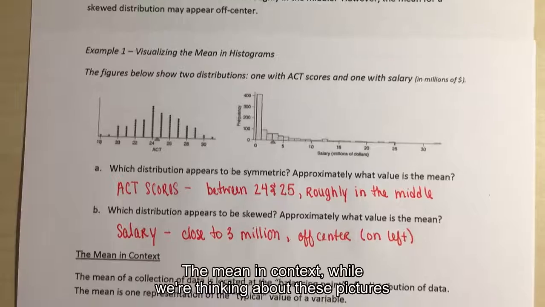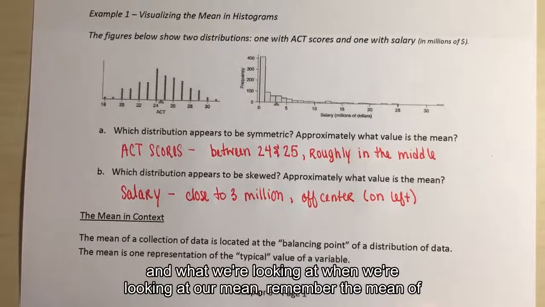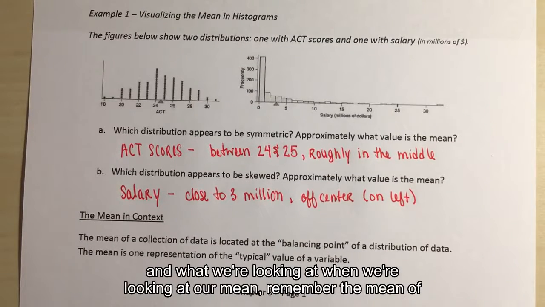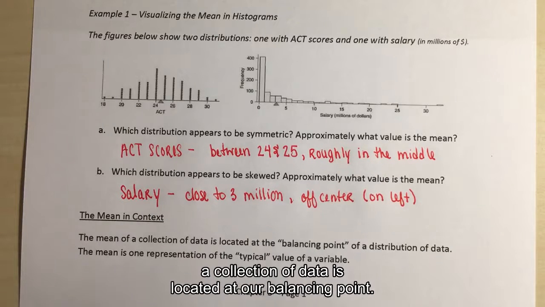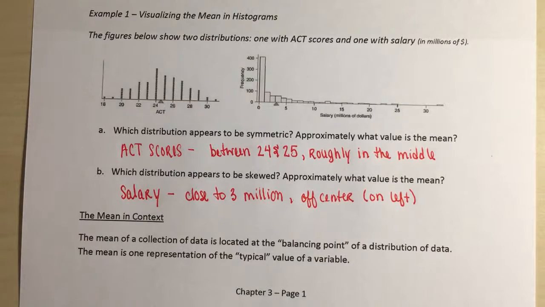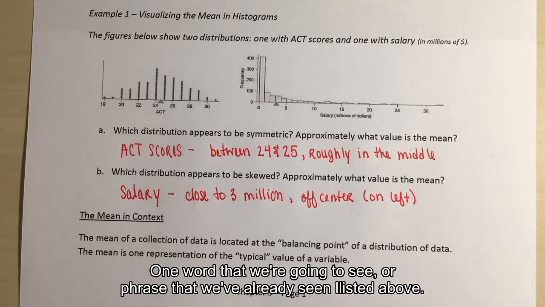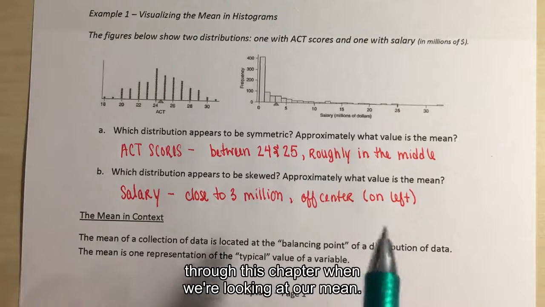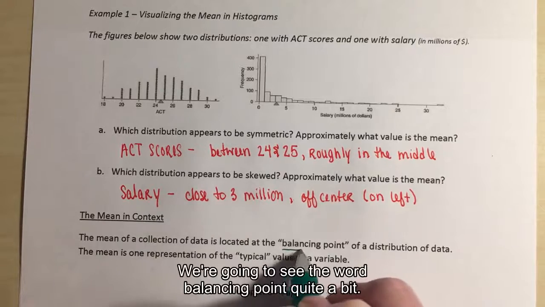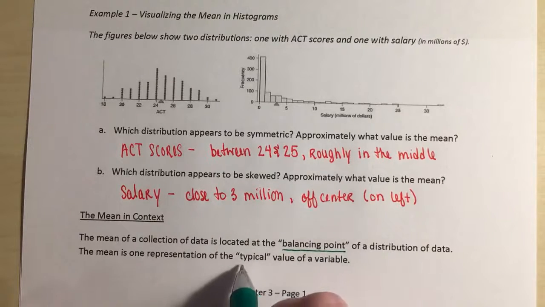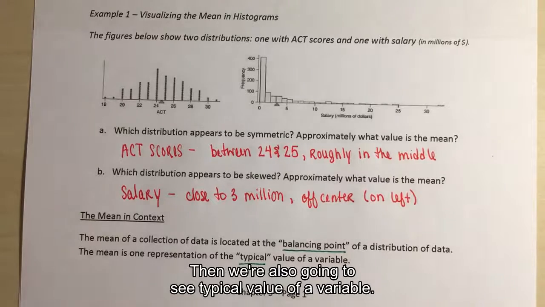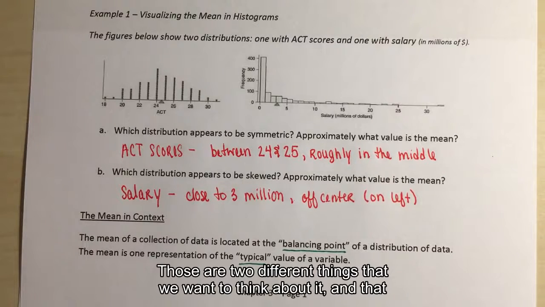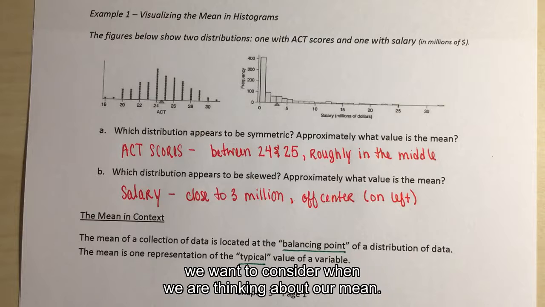While we're thinking about these pictures, remember, the mean of a collection of data is located at our balancing point. We're going to see the phrase balancing point quite a bit as we continue through this chapter, and we're also going to see typical value of a variable. Those are two different things that we want to consider when we are thinking about our mean.